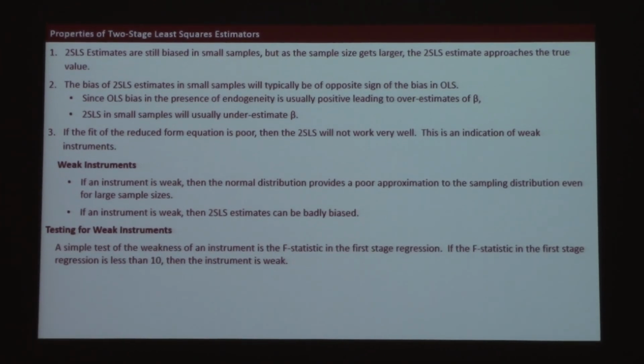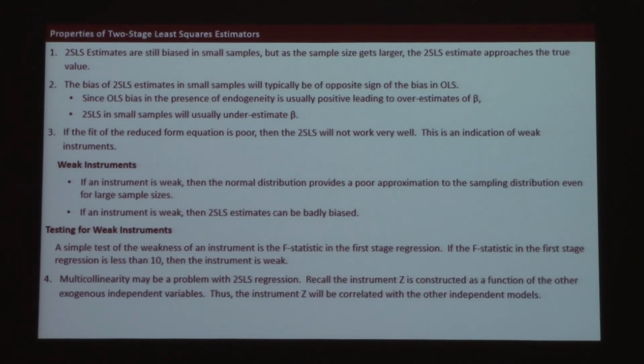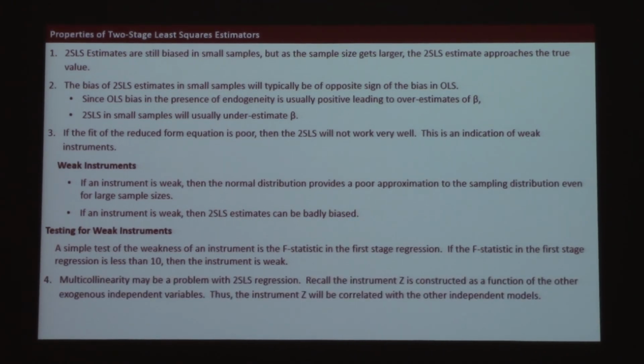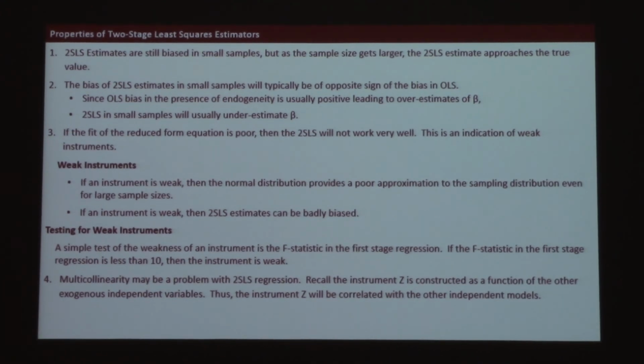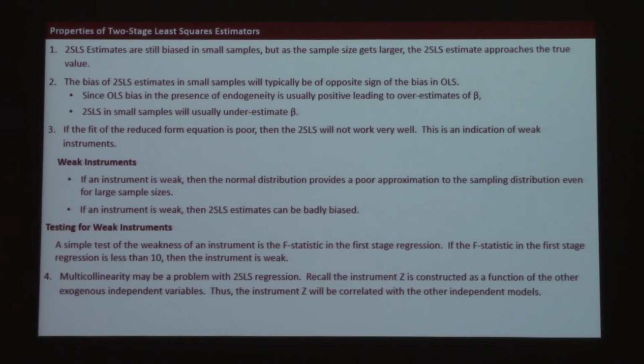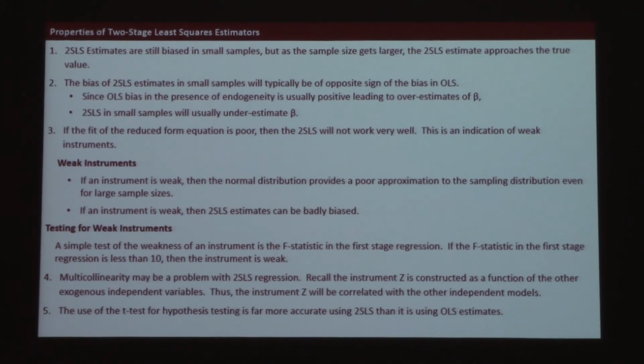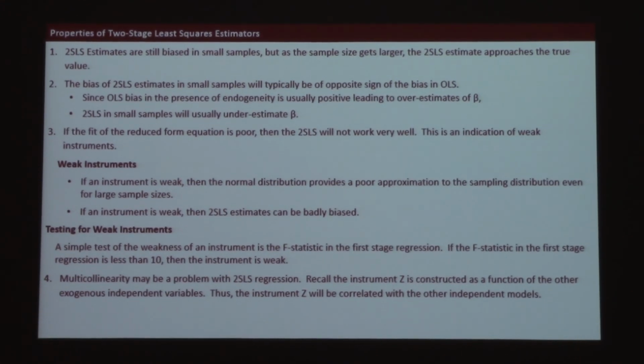If it's exactly 10, there may be some problem with multicollinearity. Remember, multicollinearity, we said, is the fact that our independent variables are going to be highly correlated with each other. This is true by definition because literally, when we construct our instrument, remember the instrument is literally a function of the other independent variables.